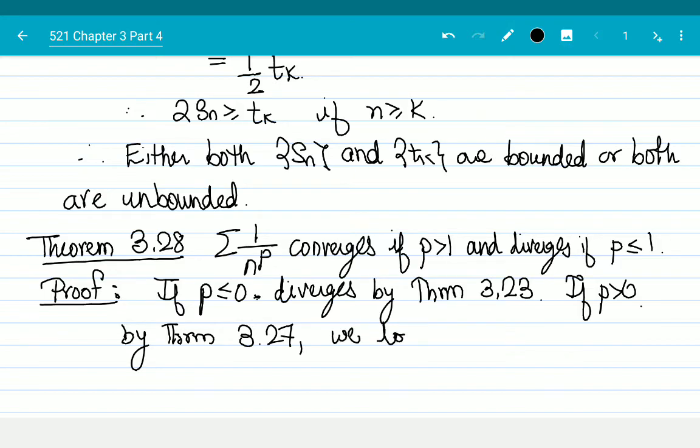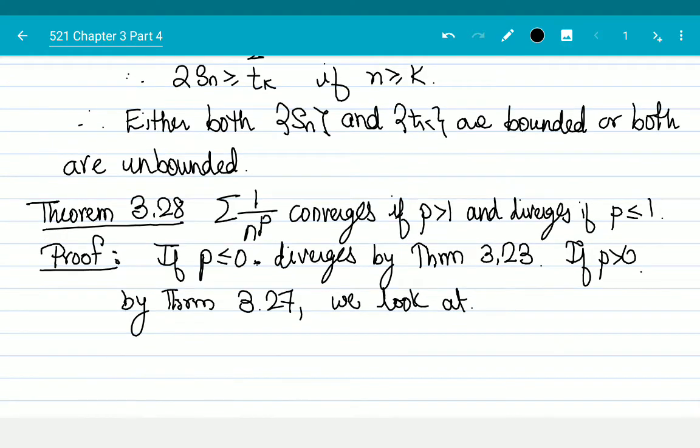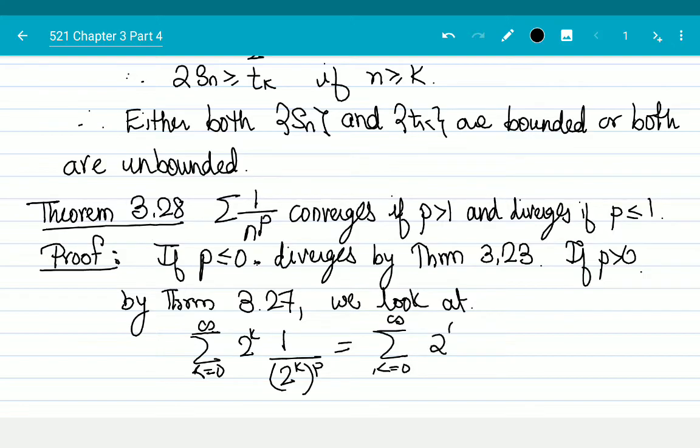We look at the summation k is equal to 0 to infinity, 2 to the k, 1 over 2 to the k to the power p, which is equal to the summation k is equal to 0 to infinity, 2 to the 1 minus p to the power k.